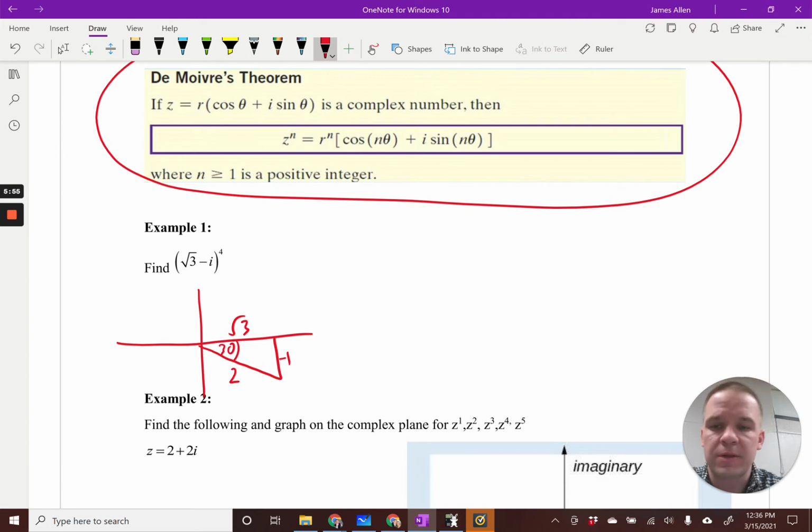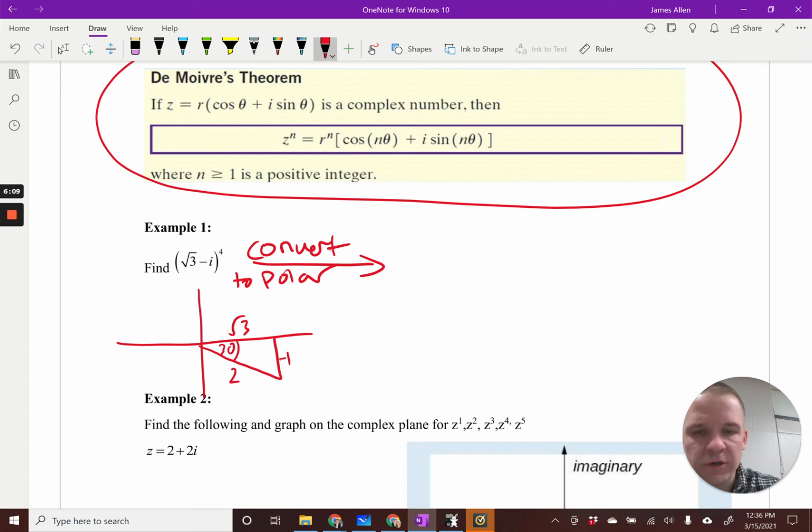So my polar form of this, my radius is 2. So we'll convert to polar. Now I have 2 for my radius, cis, and then either I can go negative 30 or I can go positive 330.